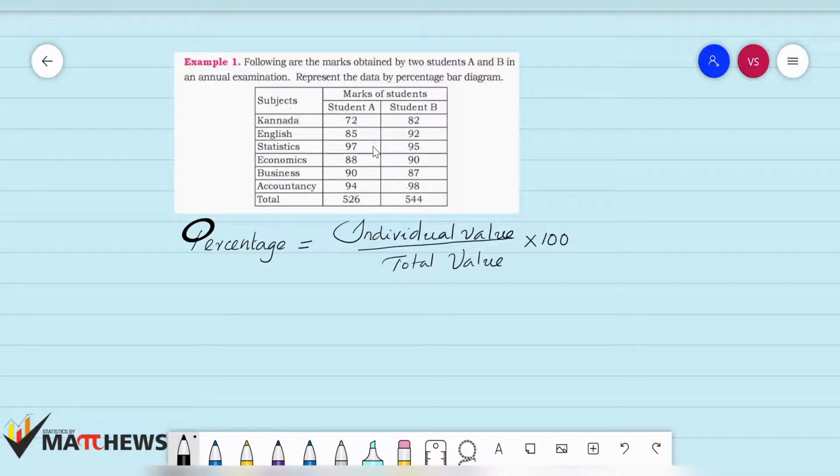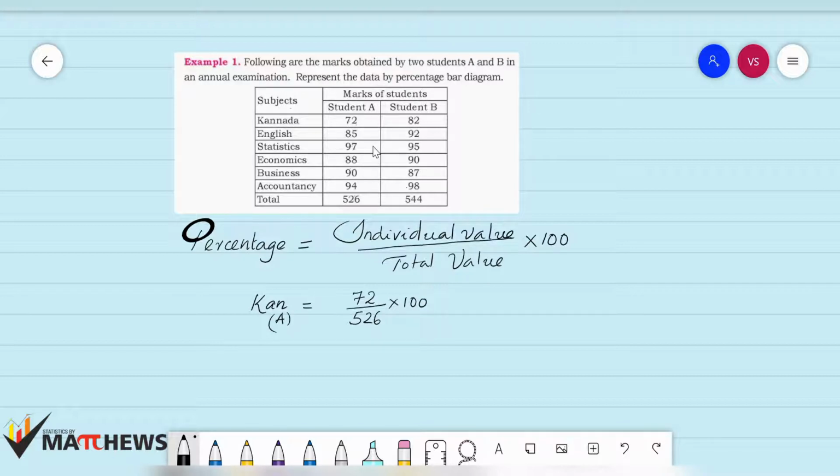Okay. For example, for Kannada of student A, I'll mark it as A. What is it? The individual score is 72, and the total is 526, into 100. So how would the percentage be?